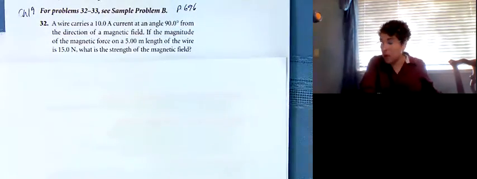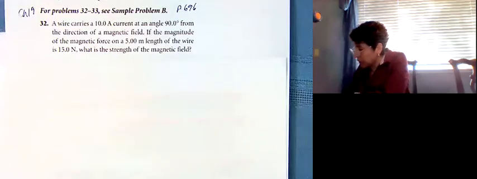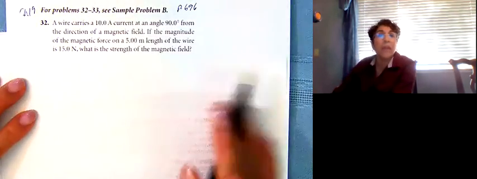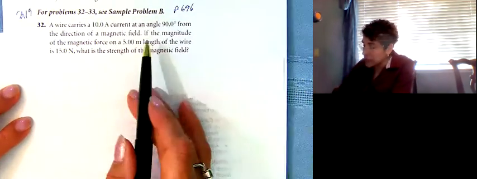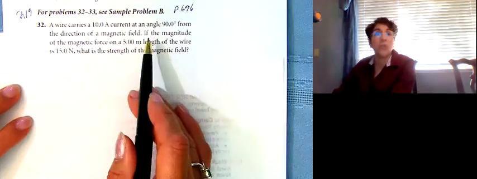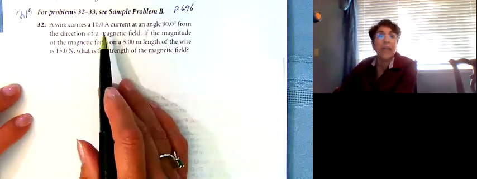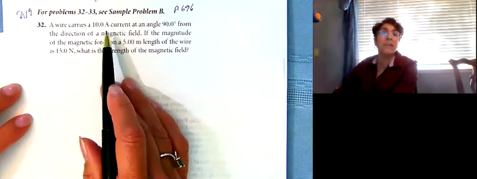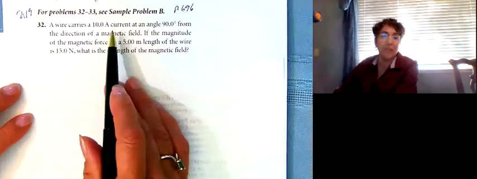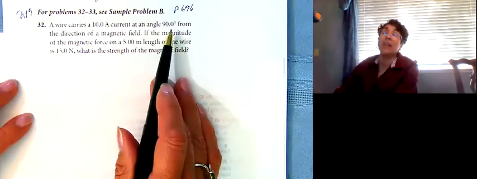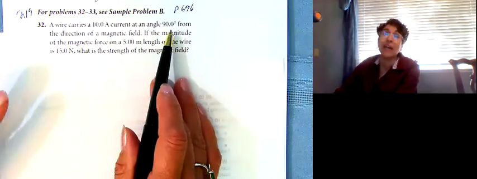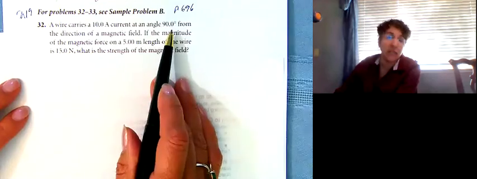So let's take a look at the problem. I'll make sure you can see this. Here's the problem, on page 696, number 32. A wire carries a 10.0 amp current at an angle of 90 degrees. Oh yeah, that's because of the sine. There's really a sine in there that they neglected.